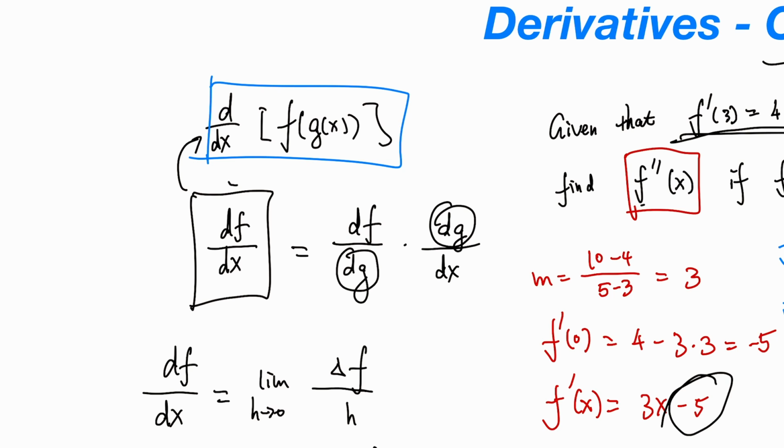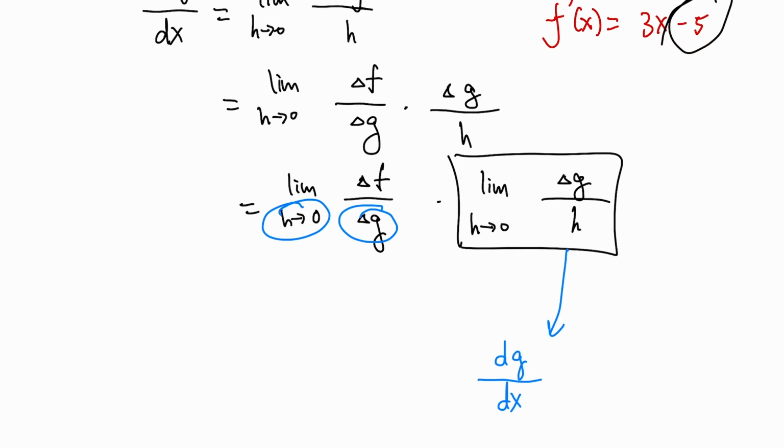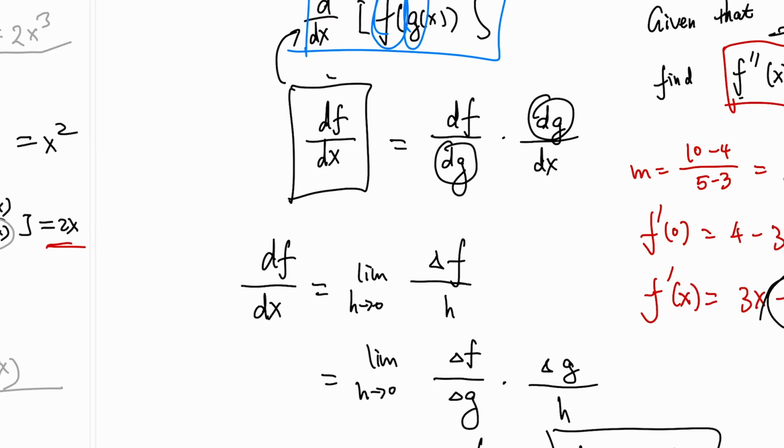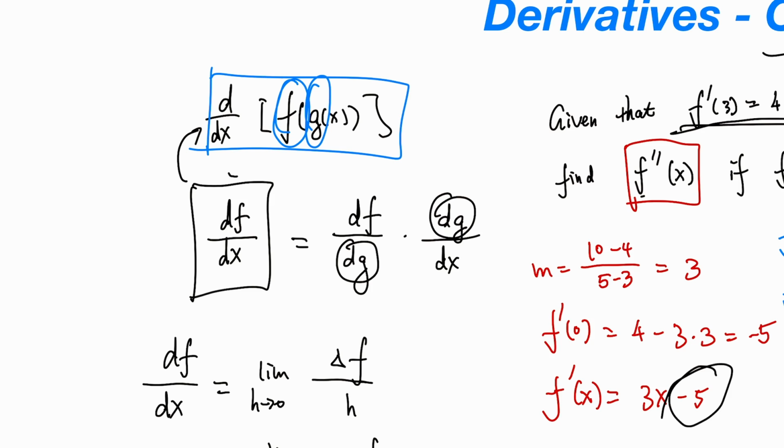So let's take a look at our assumptions. We assume that this is differentiable, meaning that both this and this have to be differentiable. If both have to be differentiable, then that means they're continuous.